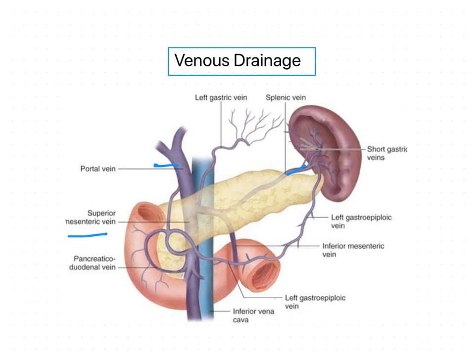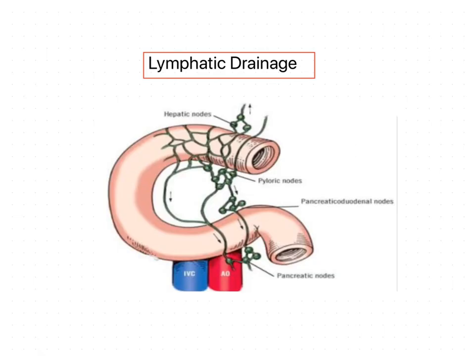If you see the lymphatic drainage, most of the lymph vessels from the duodenum end in the pancreatico-duodenal nodes. These are present along the inside of the curvature of the duodenum, that is at the junction of the pancreas and the duodenum.